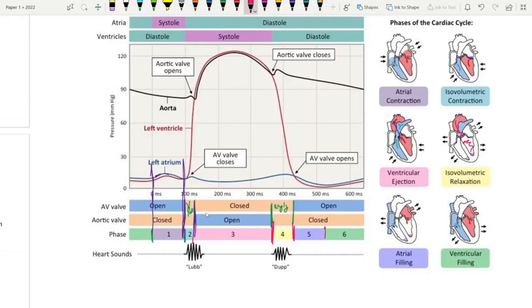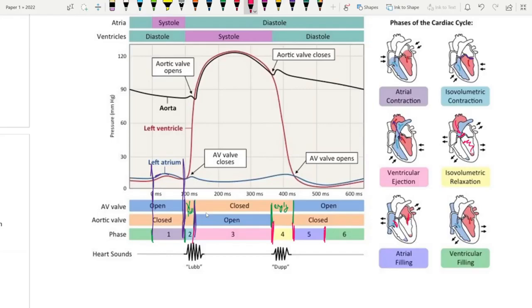And stage 5 is atrial filling again, because now, guys, the aortic valve is closed, but the atrioventricular valve opens again, and blood from the superior vena cava and the pulmonary veins enters into the atria. That's stage 5. So the pressure in the atrium slightly increases, and then ventricular filling occurs, which is basically the last stage, stage 6.